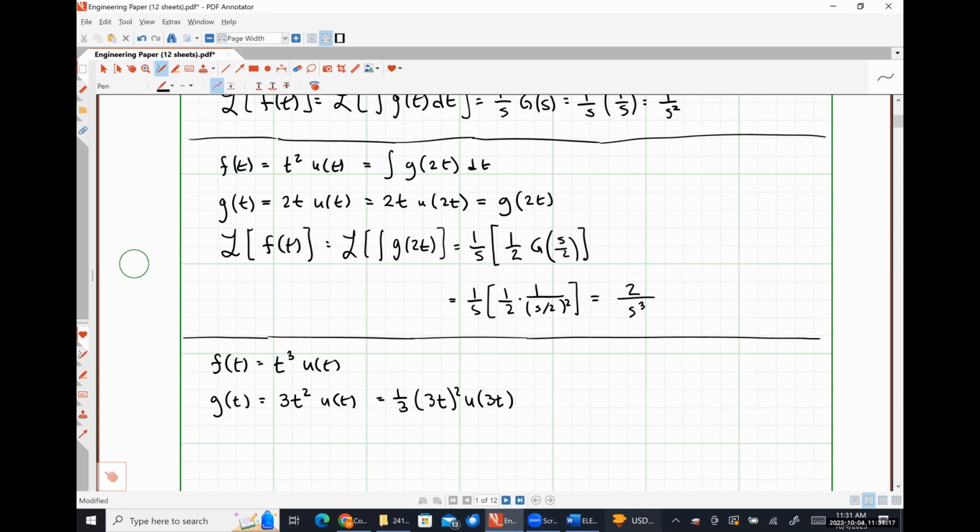Because if I FOIL all that out, I'm going to wind up getting 3t squared times u of 3t, where u of 3t and u of t are the exact same thing. So I have it in a good form. I'm going to call this 1/3 of g of 3t. And so f of t is going to look like the integral of 1/3 g of 3t dt.